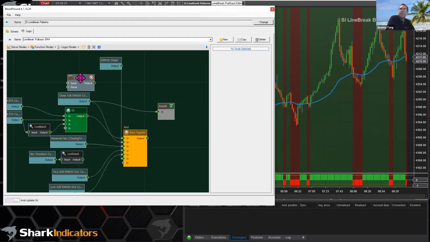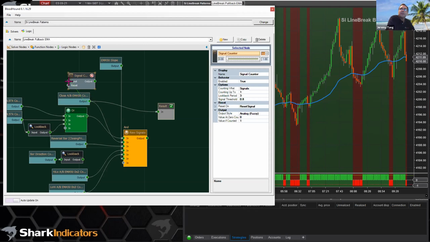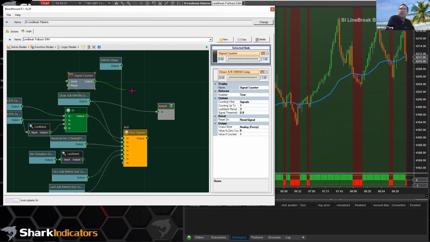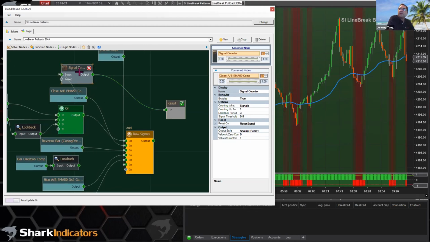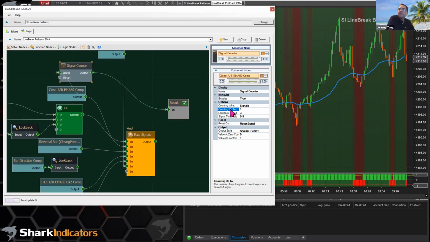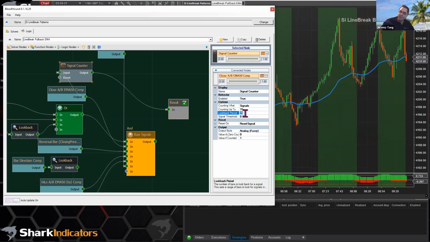So what I'll do is connect that into the input there, and connect that up to the result. And then in the signal counter, let's say we need at least 15 bars of the market being above the EMA. And we can do, say, something like 15 out of the last 18 bars needs to be above, right? And I'm going to switch the output there.